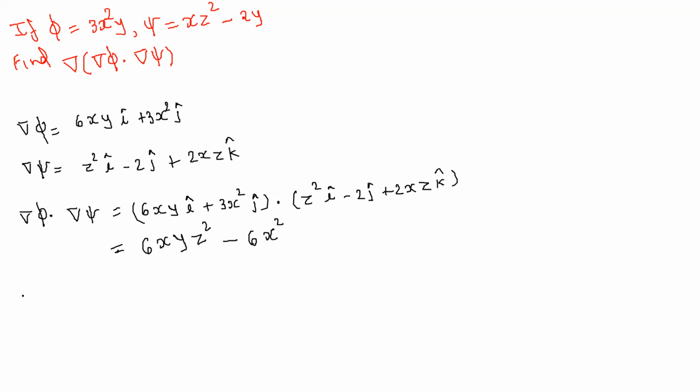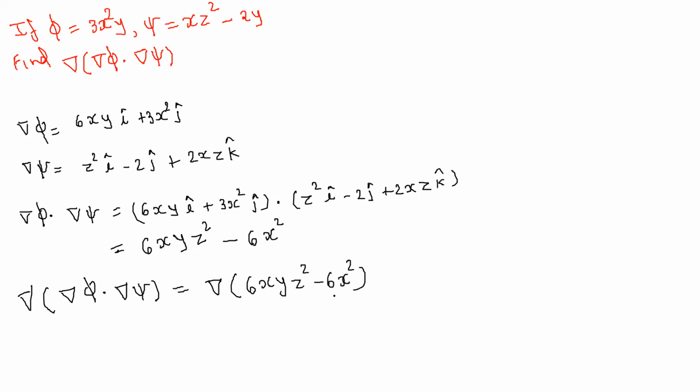Now we have to take the final step, the required term, which is nabla of nabla phi dot nabla psi. So that means we have to find nabla of this result, which is 6xyz squared minus 6x squared. So instead of directly asking to find nabla of a scalar function phi, we had to do this process.